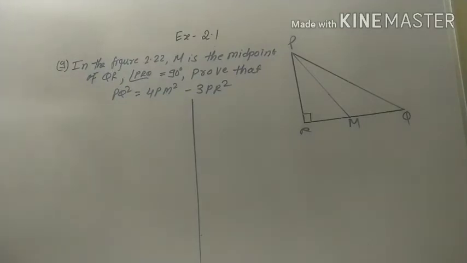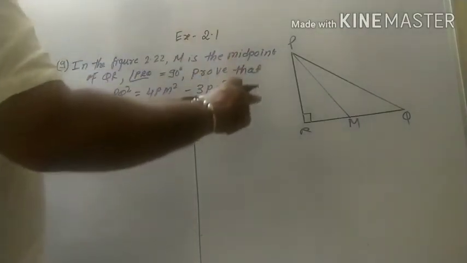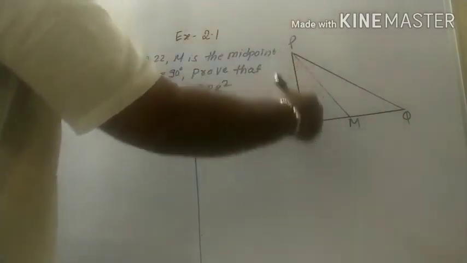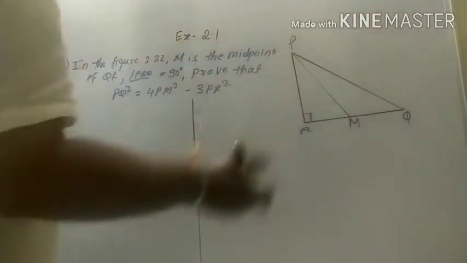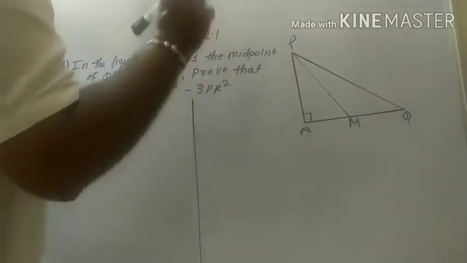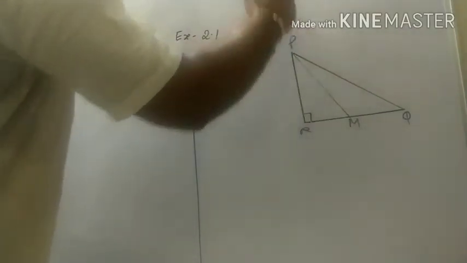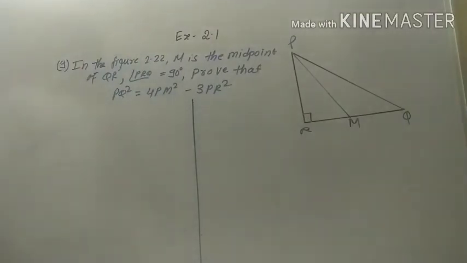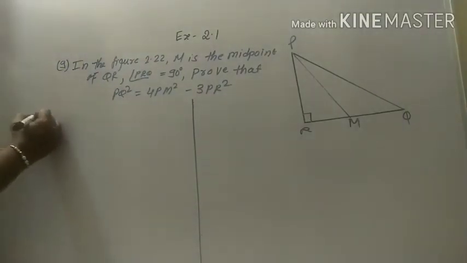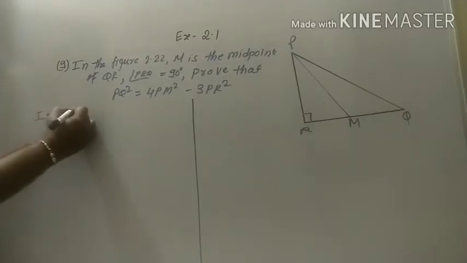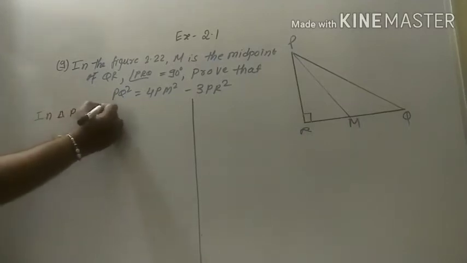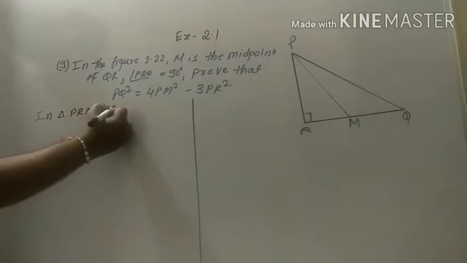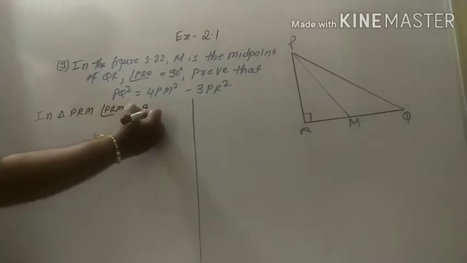There are basically three triangles: triangle PRM, triangle PRQ and triangle PMQ. But we just want two triangles, PRM and PRQ, for this proof. First we take triangle PRM. In triangle PRM, angle PRM is equal to 90 degrees.